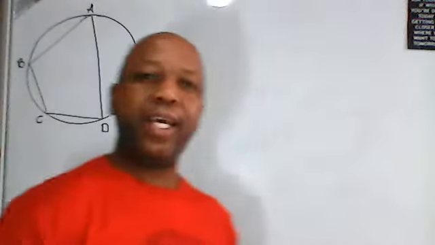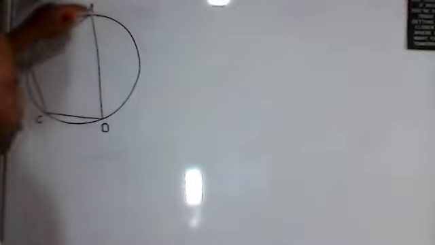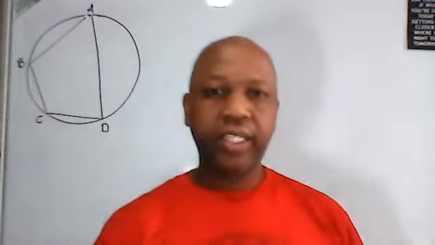Today we'll be looking at circle geometry. Today's Theorem 7 states that the opposite angles of a cyclic quadrilateral, so A and C, are supplementary. B and D are also supplementary. Supplementary means that their sum adds up to 180 degrees.